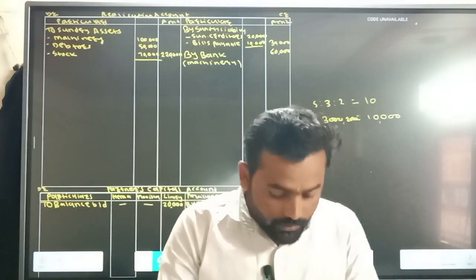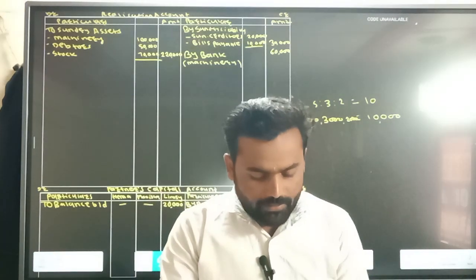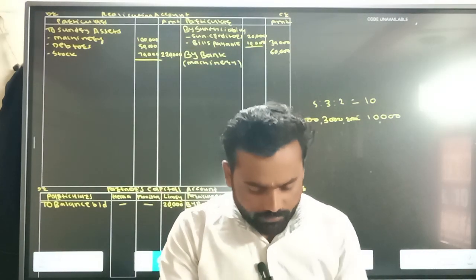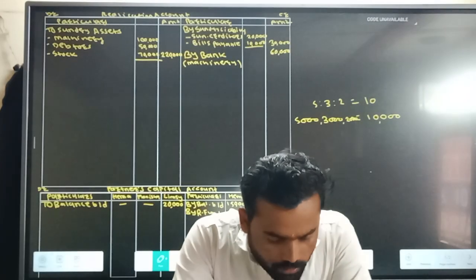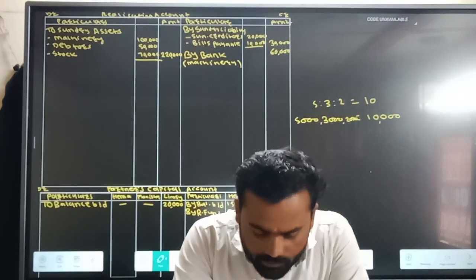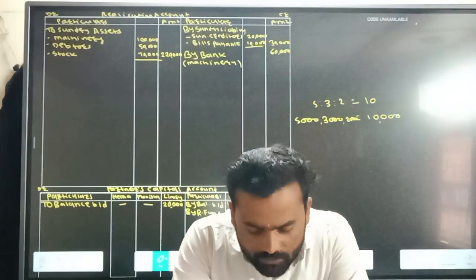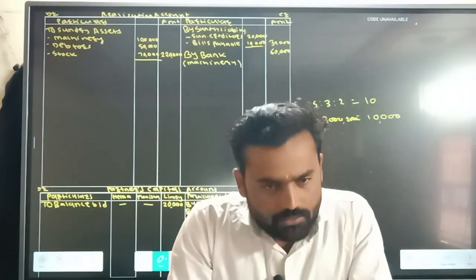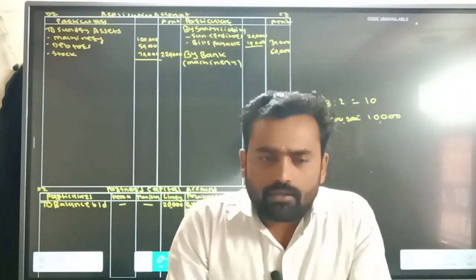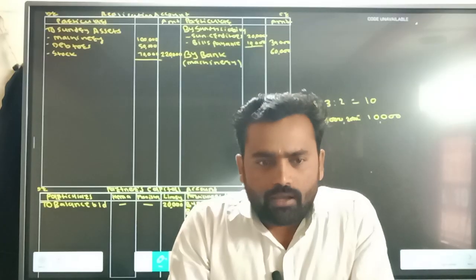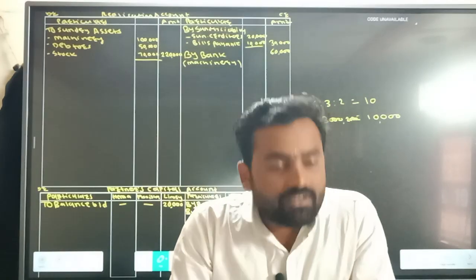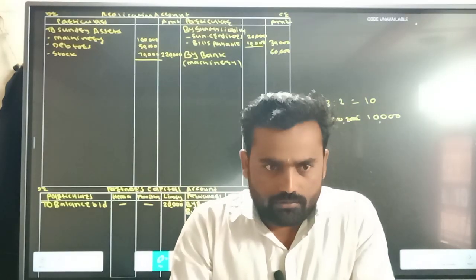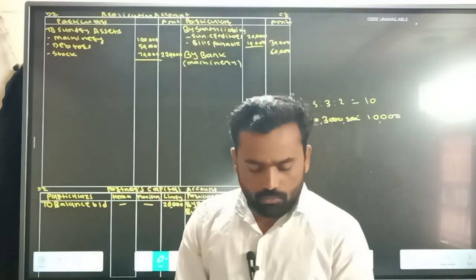Okay. Next, second adjustment is given. Out of debtors, Mr. Jagdish, our customer, rupees 20,000 was declared and he was insolvent. Mr. Jagdish, our customer, was insolvent and he could not pay us 20,000.